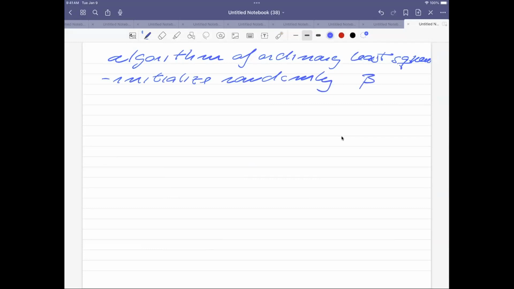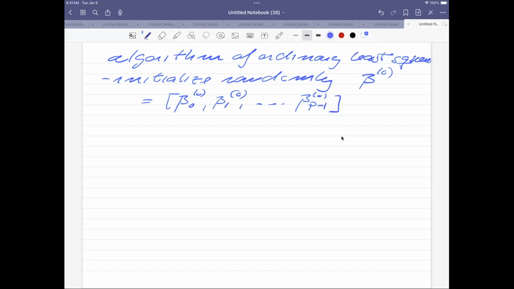So beta is a vector, right? You would have a beta 0, which is a vector that contains beta 0 of 0 for the first one, beta 1 of 0, and then up to all the parameters you may have, p minus 1. So you would initialize them.